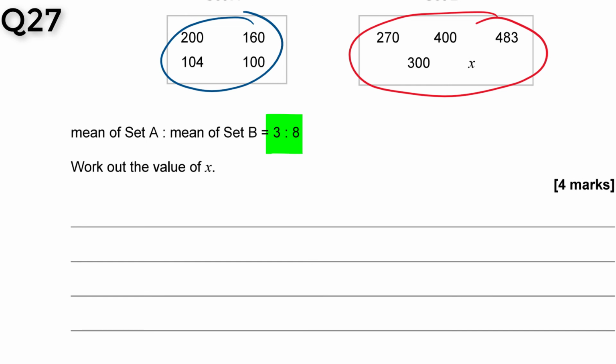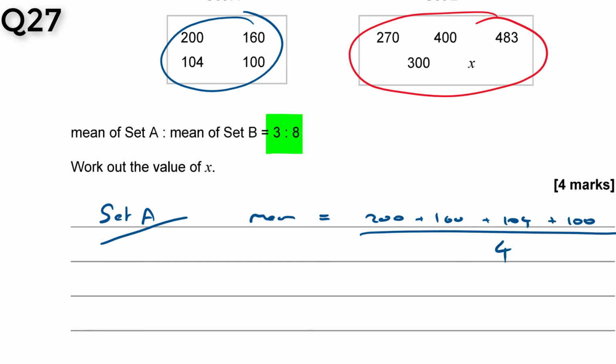Okay, so let's think about the first step I said then. So finding the mean of set A. So let's do that first. For set A, the mean is equal to, well, how do you find the mean? You add all the numbers up, and you divide by however many numbers you've got, which is 4.